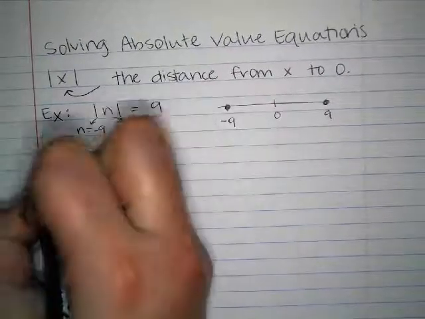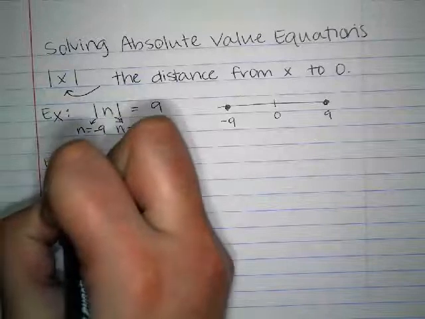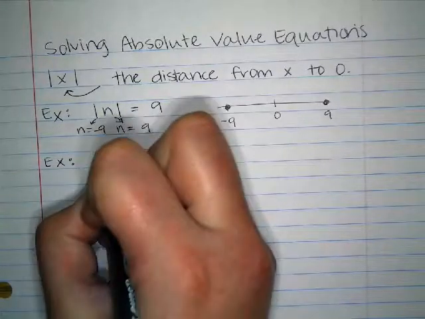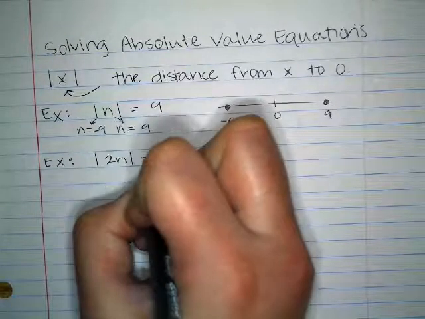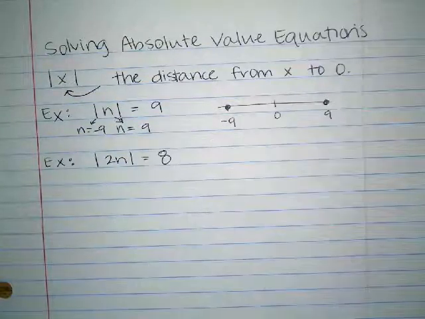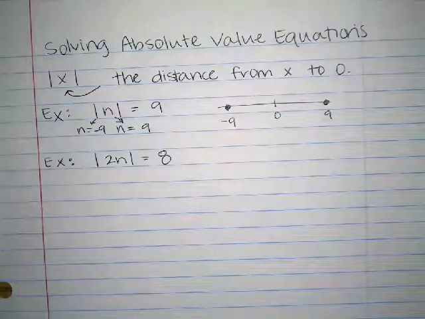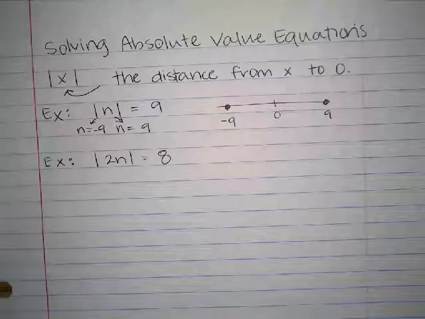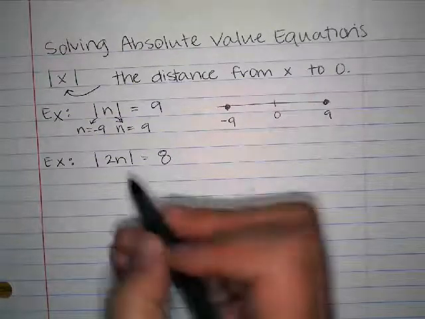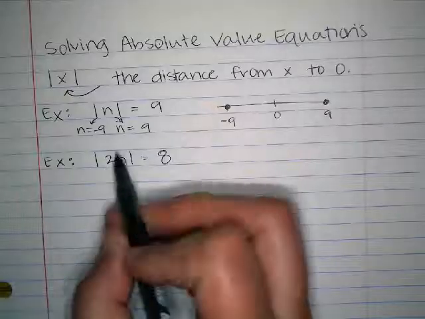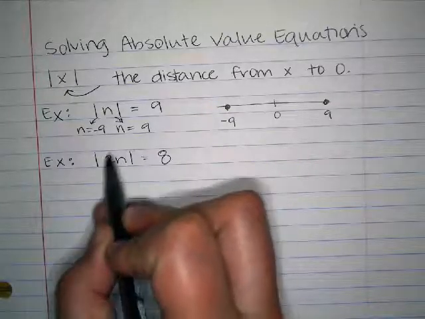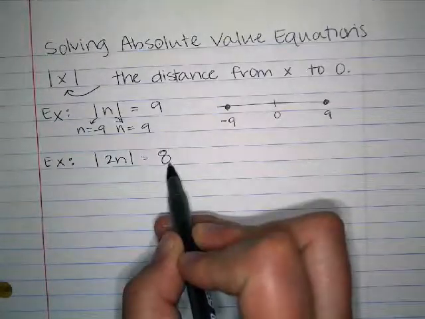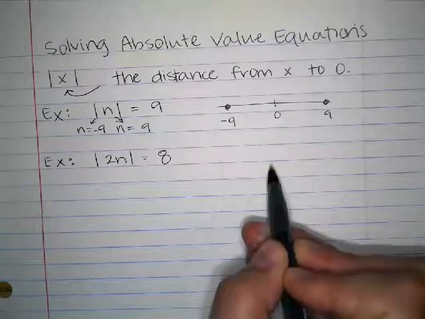So we're going to say this time we have 2 multiplied by a number is going to give us a distance of 8. So I'm going to say the number that's inside here could have been a distance of positive 8, right?